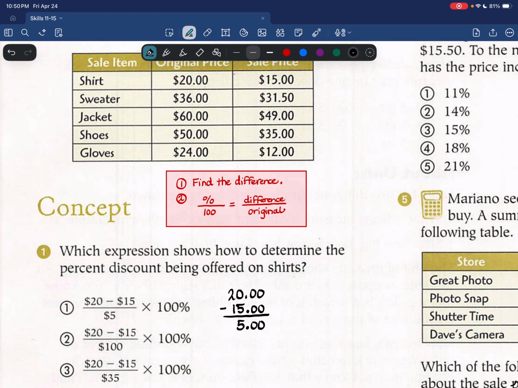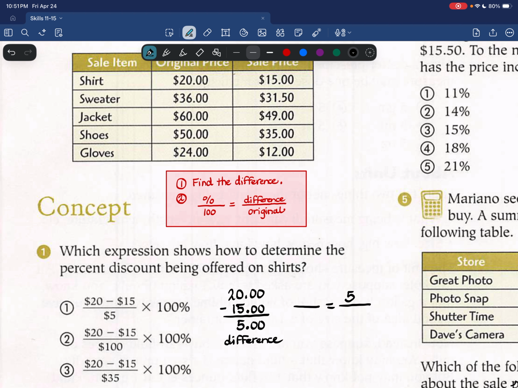That's the difference. And we know in our proportion that the difference is always right here. It's $5. And since there's no change, no cents, I'm just going to use the 5, but you could use 5.00 if you like.